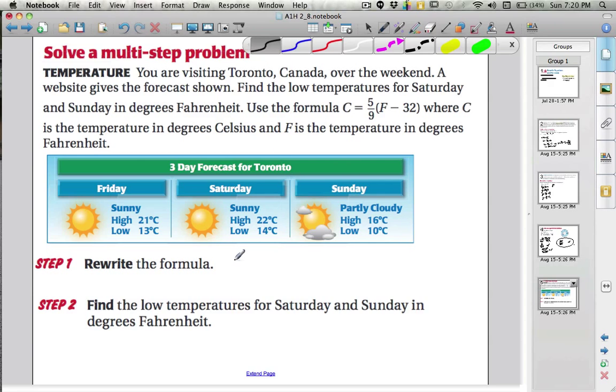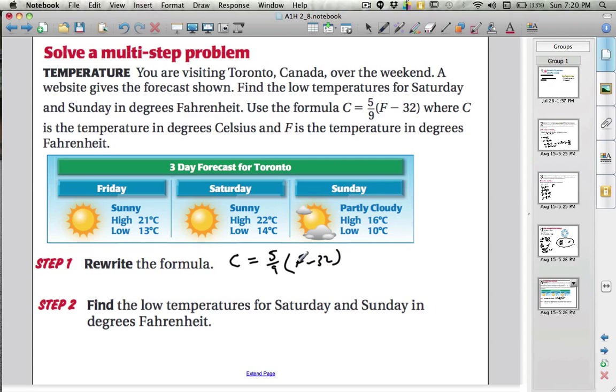So the first thing I want to do is rewrite the formula. I'm rewriting the formula, Celsius equals 5/9 times F minus 32. The first thing is I want to get rid of the 5/9. I don't really want to distribute it. Right now it would make more sense to multiply both sides by 9/5.